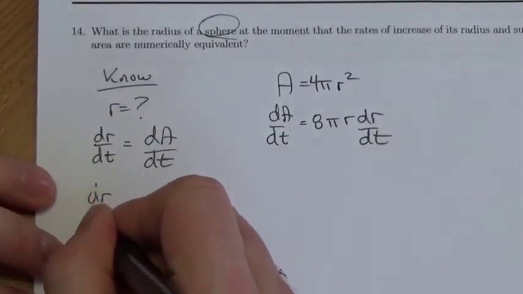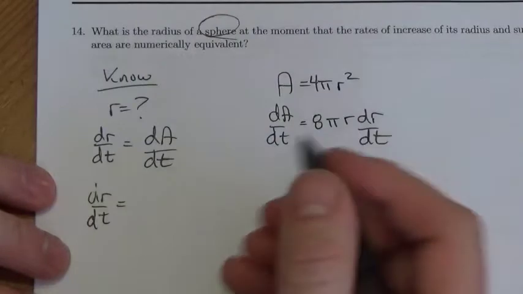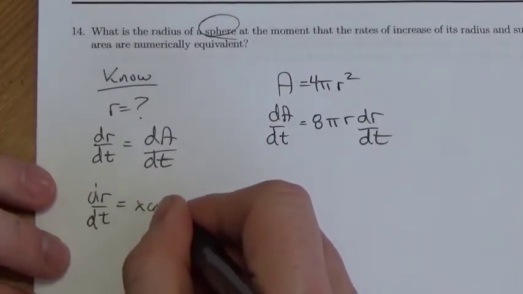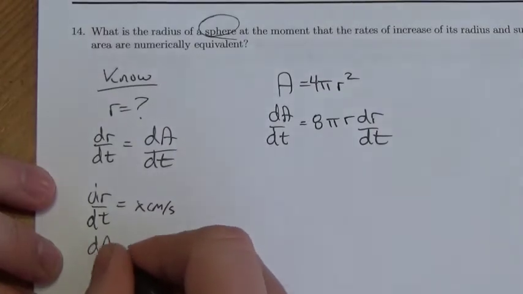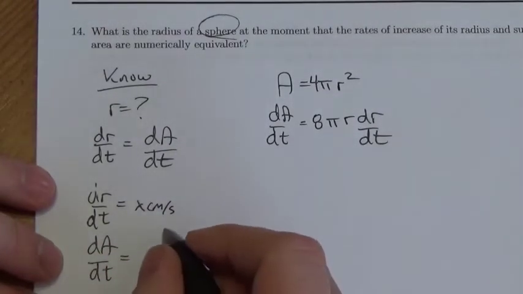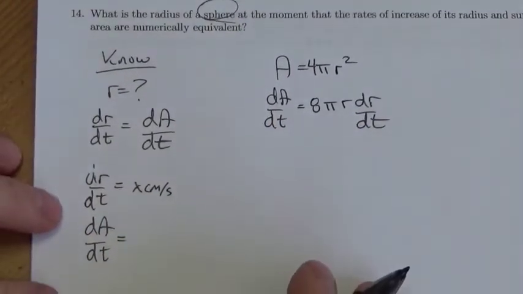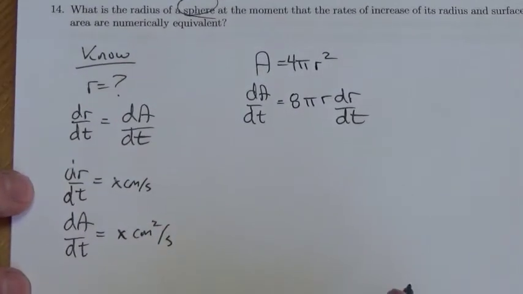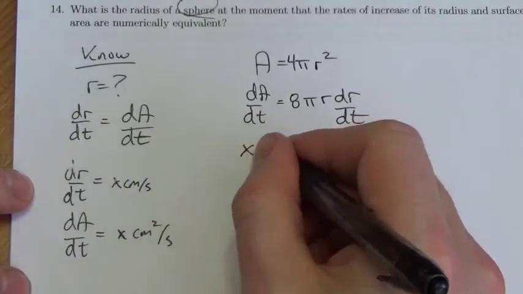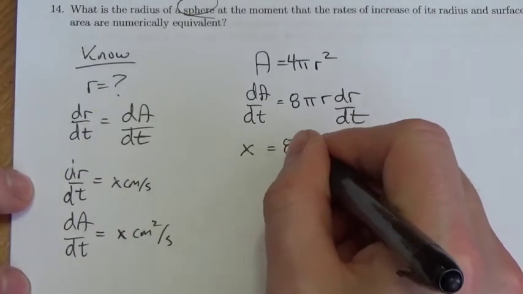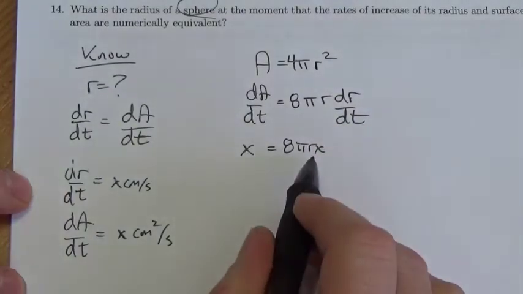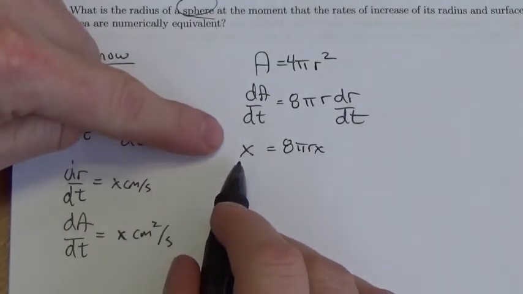Let's say that dr by dt is going to equal x centimeters per second. dA by dt, at the specific moment that we're interested in, is going to be x centimeters squared per second. So this is really going to become x equals 8 pi r x. But this is in centimeters squared per second, and this is in centimeters per second.